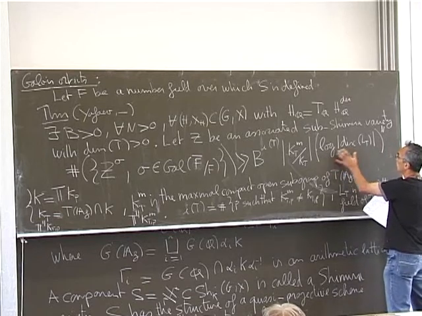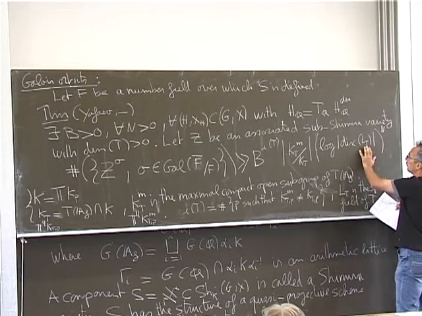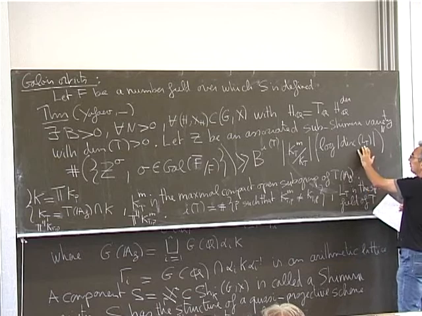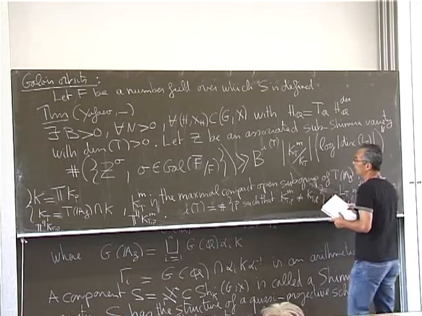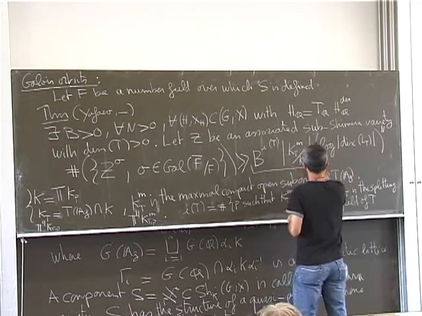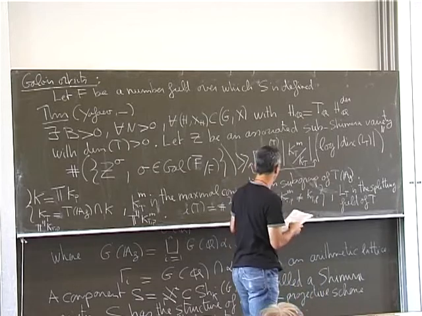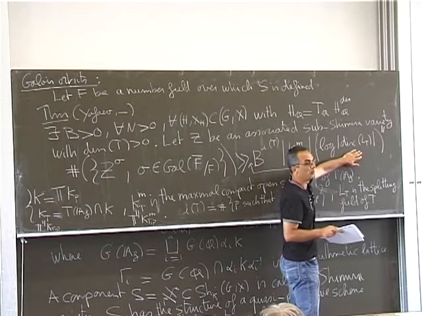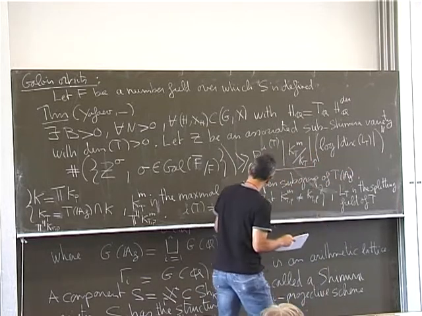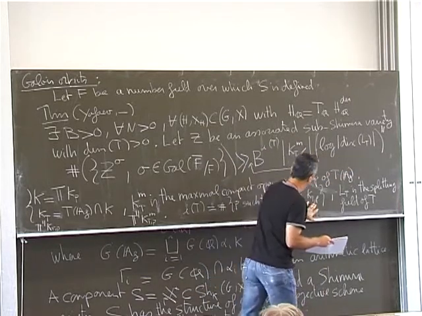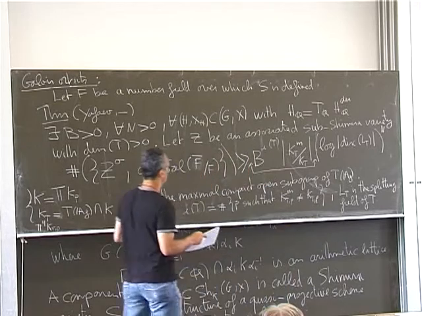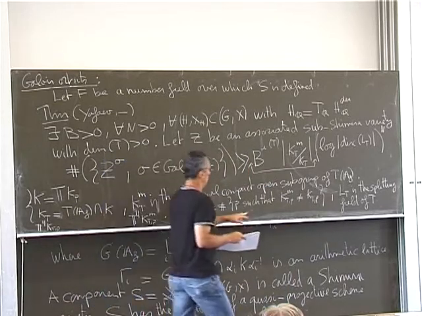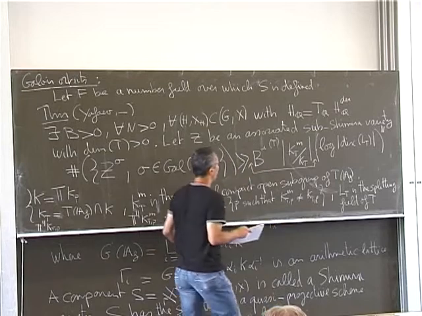One way is when the discriminant of the splitting field of T is big, and the other way is when you have a lot of primes p such that K_{T,p}^M is not K_{T,p}.